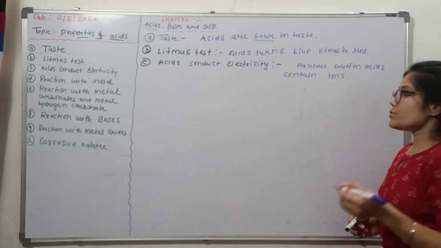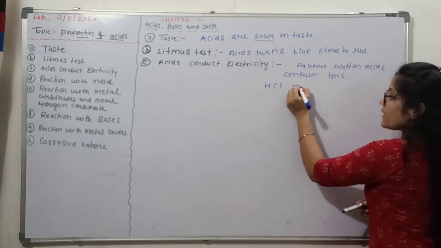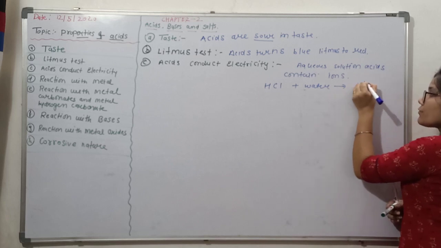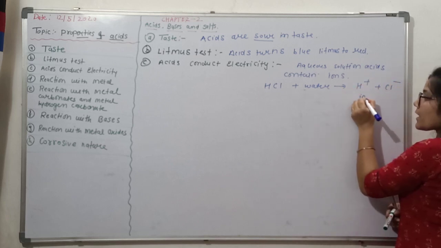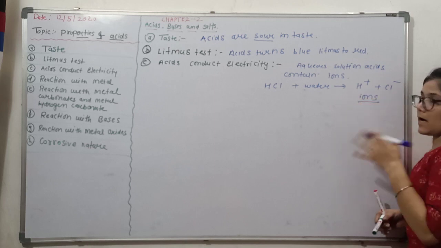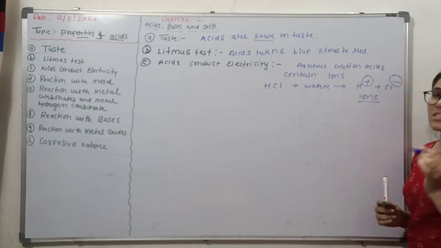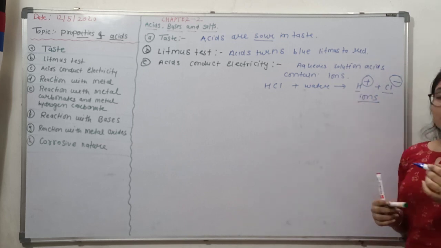Why? Suppose we have HCl. When we dissolve HCl in water, what do we obtain here? The ions H plus and Cl minus. So in aqueous solution we have ions, basically positively and negatively charged species.